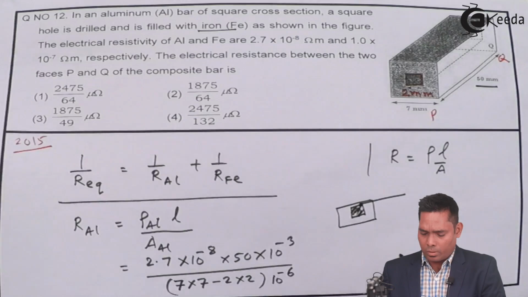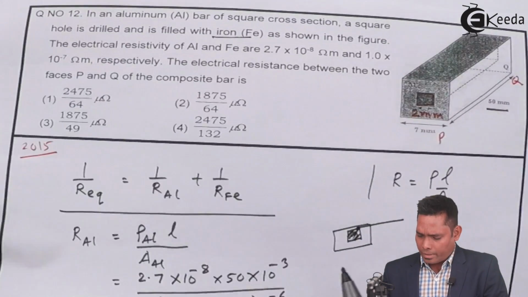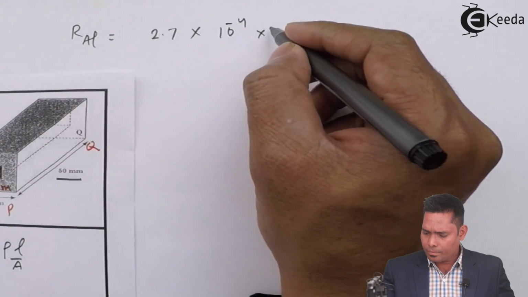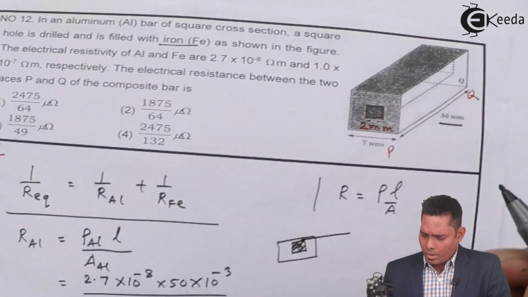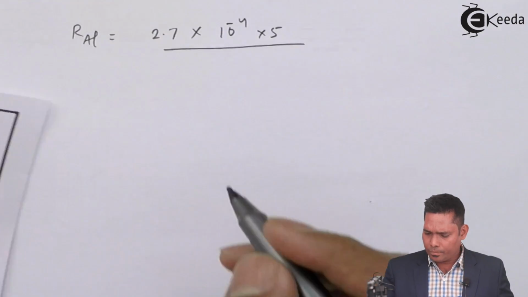So minus 4, and this 5 is there, divided by this is 49 minus 4, that is 45.